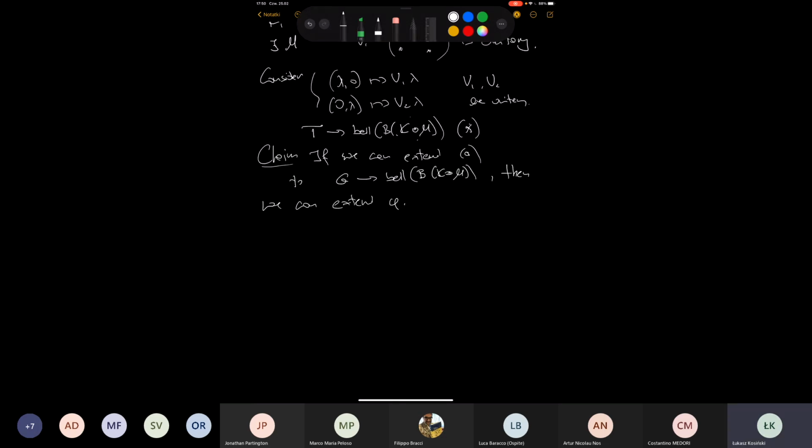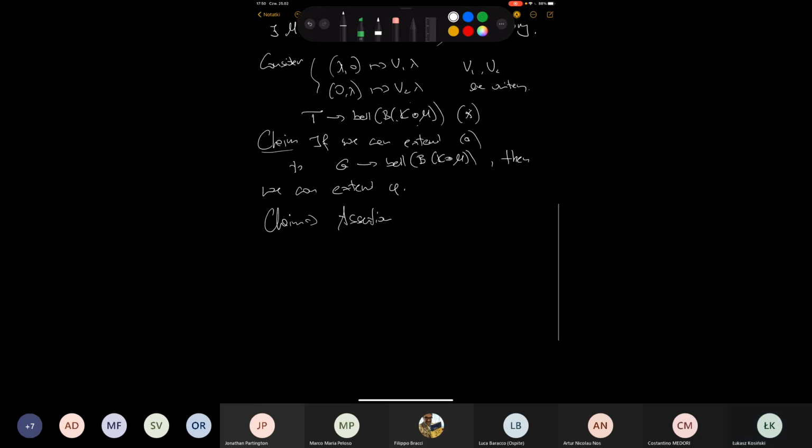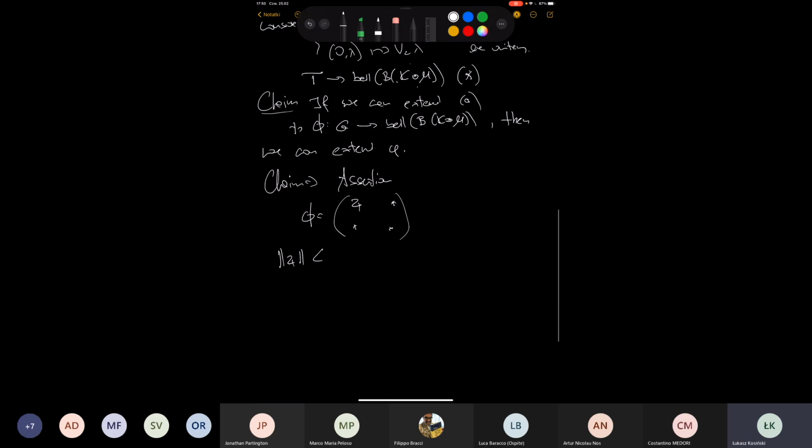Why is it so? Why does the claim imply the assertion? This is because if we extend this, denote this extension by phi, then we can write phi in this form. So here we have some psi star star star. Psi is a contraction, so this is less than 1.